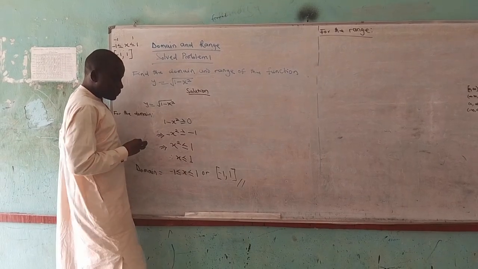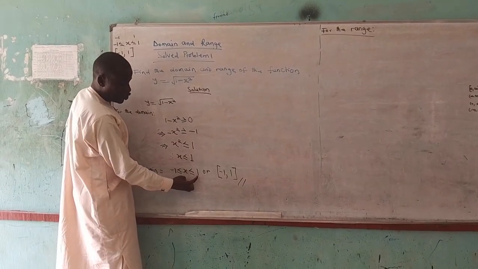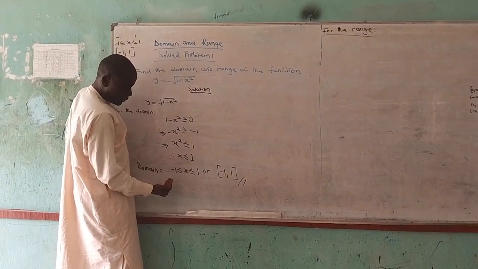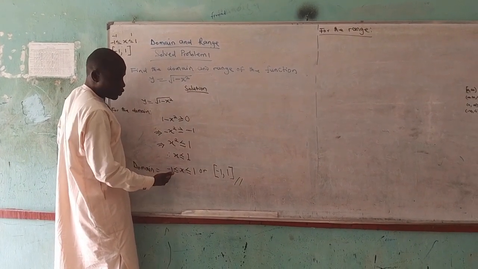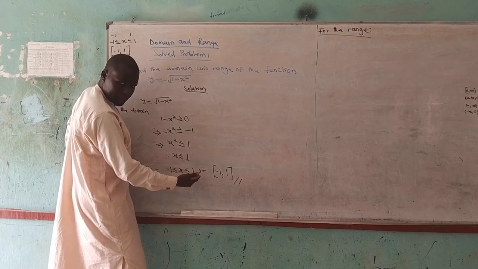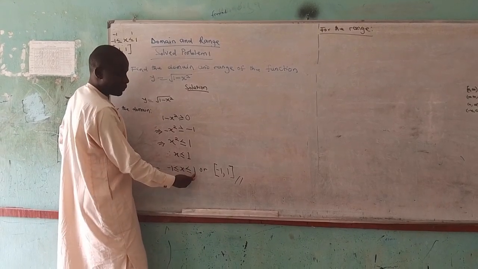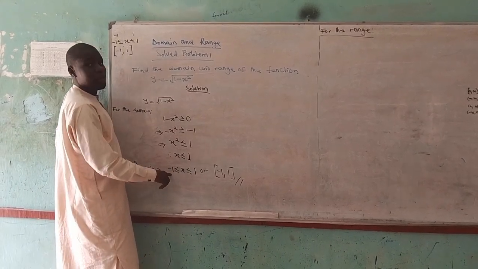The maximum value of the domain is 1. The minimum is minus 1.